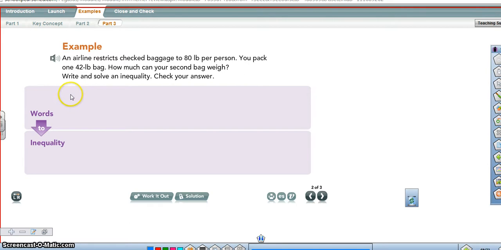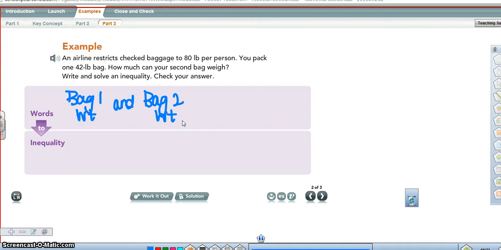So, bag one's weight and bag two's weight. Now, what has to be true about these bags' weight? It says that it's restricted to 80 pounds per person. So that means that the weight of my bags has to be no more than 80 pounds.